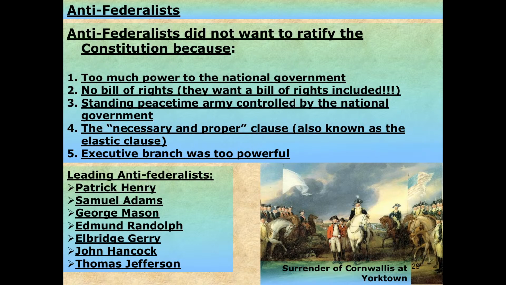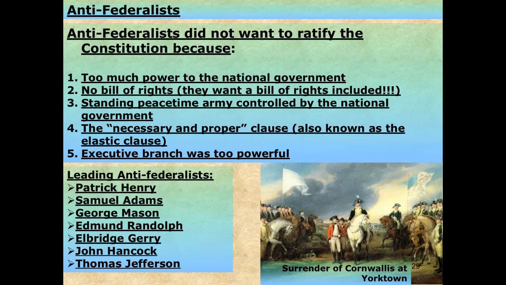When he comes back home, man, he is going to be hardcore anti-federalist. Patrick Henry, as well, is not present for the Constitutional Convention because he kind of sees it as shady. But back in Virginia, he's going to be advocating for the Anti-Federalists.